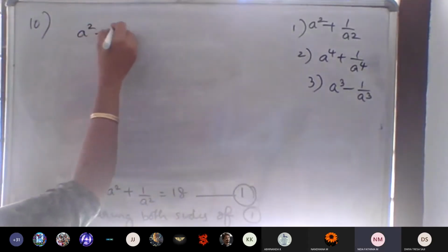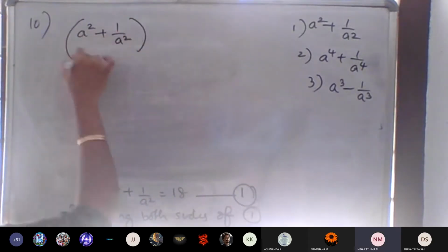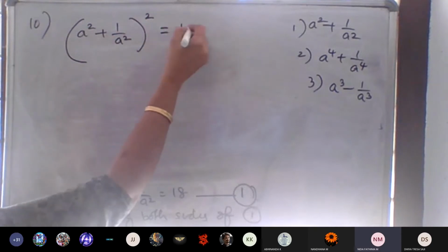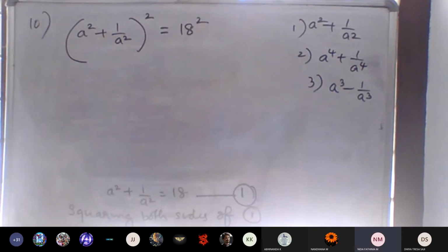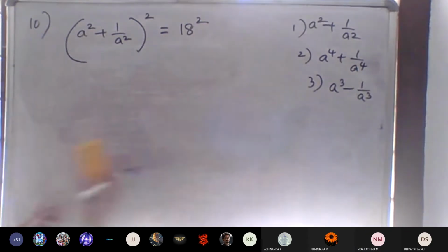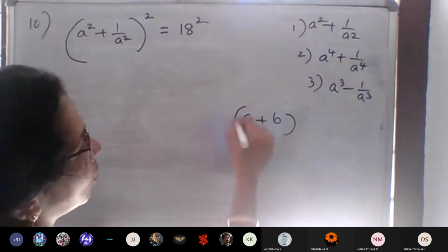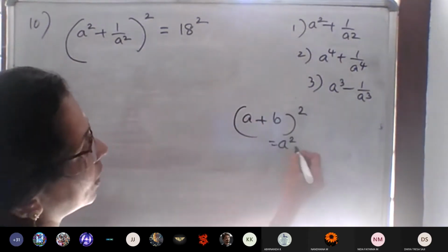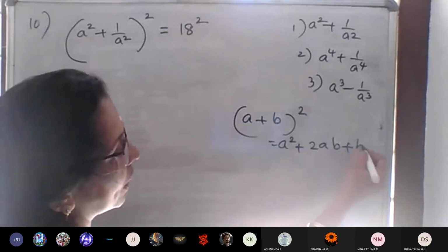a square plus 1 by a square, whole square, is equal to 18 square. Same here, this is in the form of a plus b the whole square is equal to a square plus 2ab plus b square.